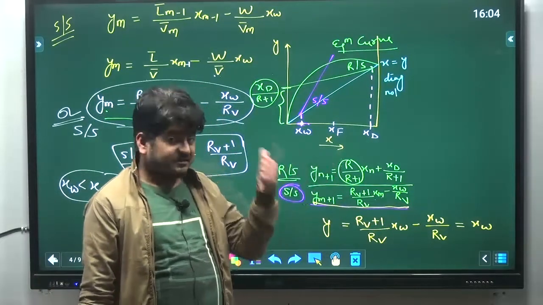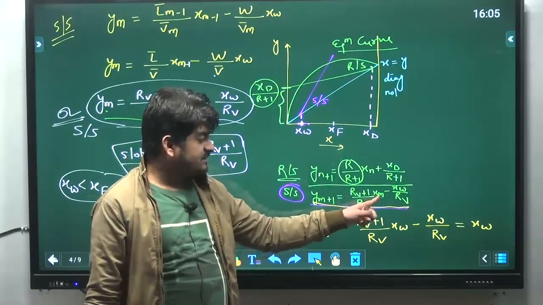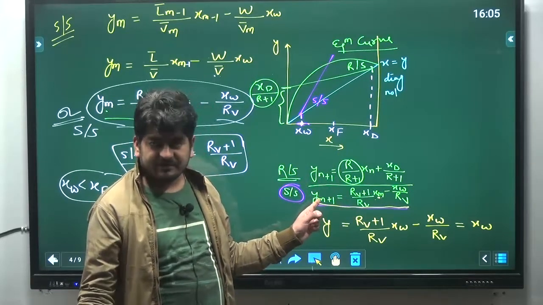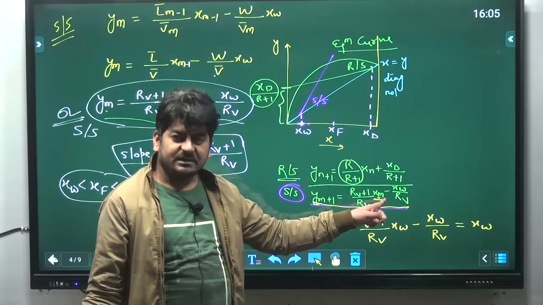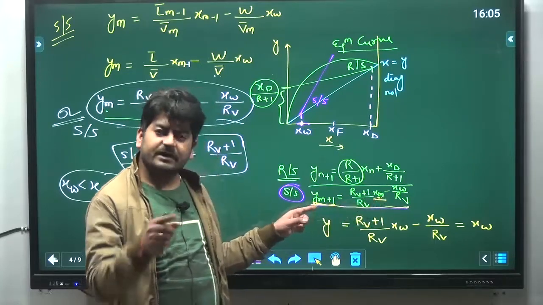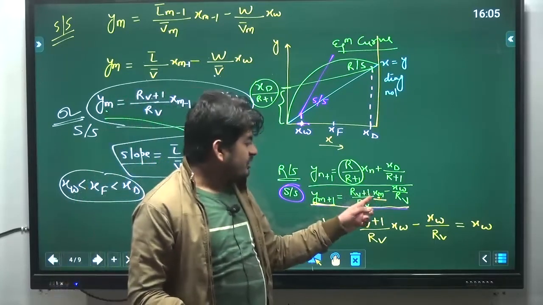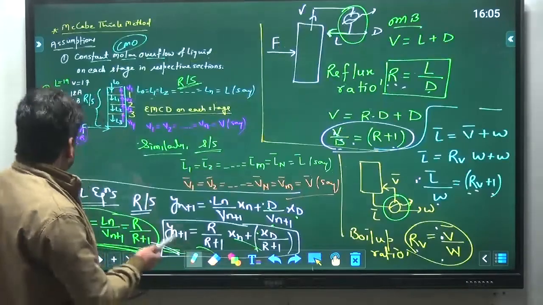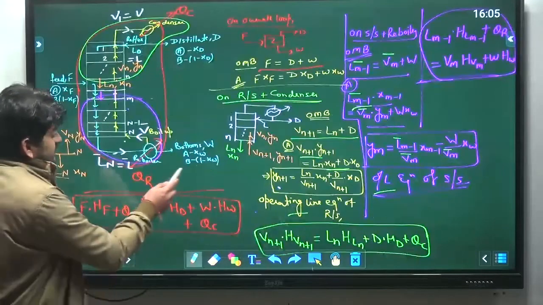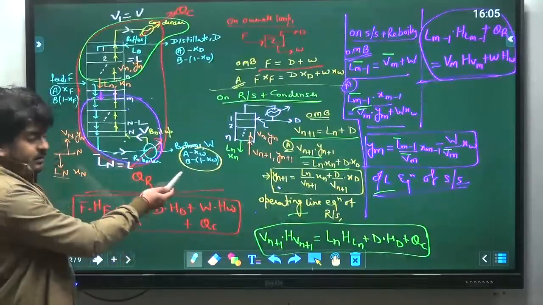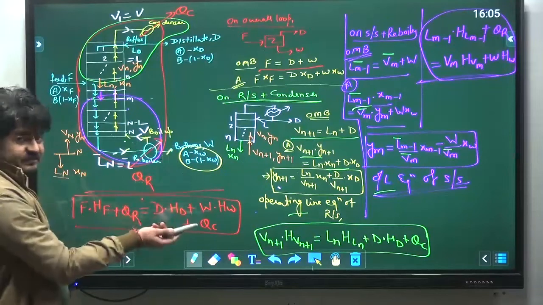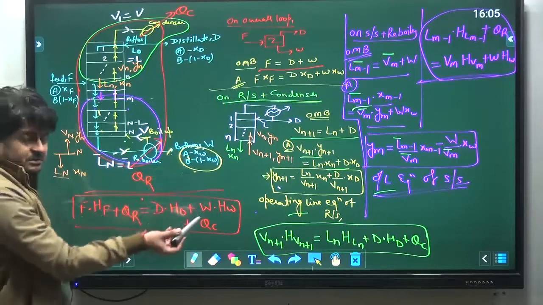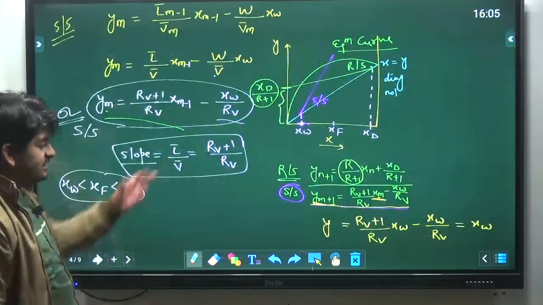So we know that in a stripping section, for this mole fraction x in liquid, we will be having this mole fraction y in vapor phase. So for the mole fraction xW, this is xW, and it is also from the stripping section, so this will also lie on this operating line.